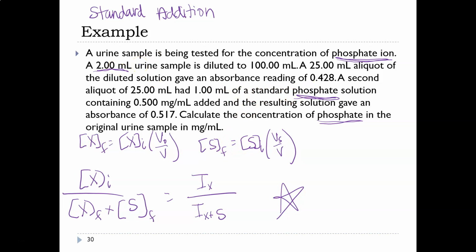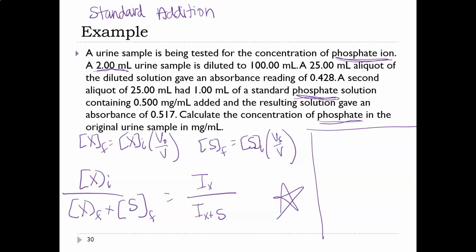Okay, so let's take the numbers from the problem and determine what variable they go with. 2 milliliters of P was diluted to 100 milliliters. Then 25 milliliters of that was tested to have a 0.428 absorbance reading.